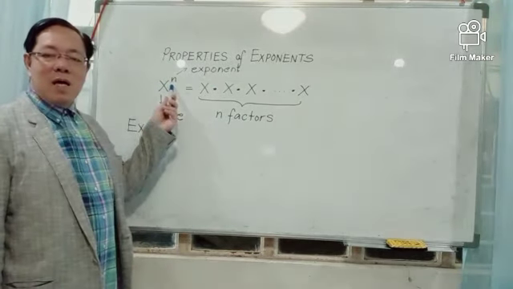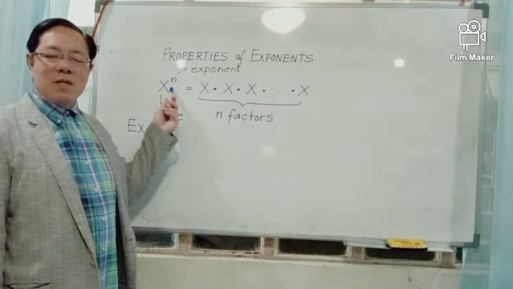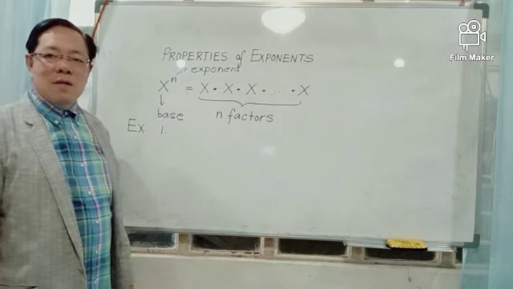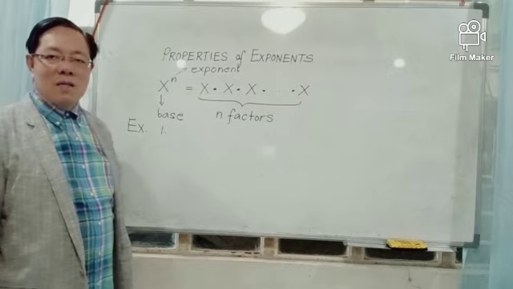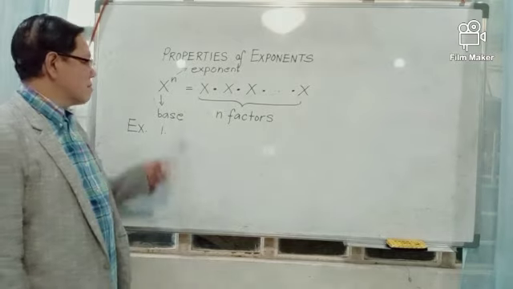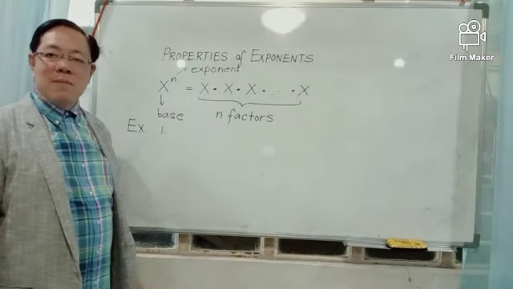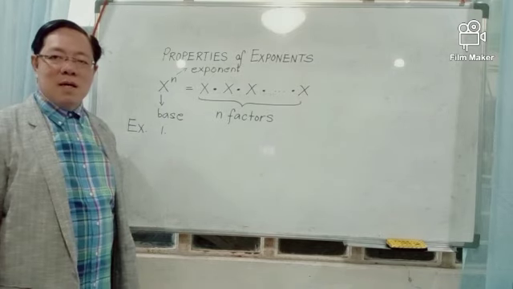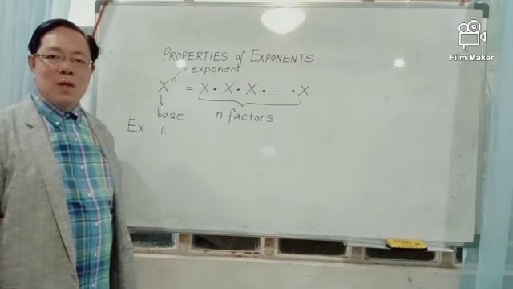The exponent n is usually a positive integer, but in examples later you will see that the exponent of the base can be negative exponents. And the base here is any number that is not equal to 0.